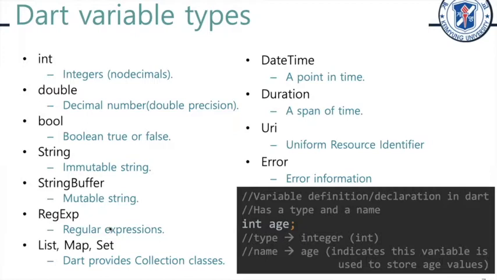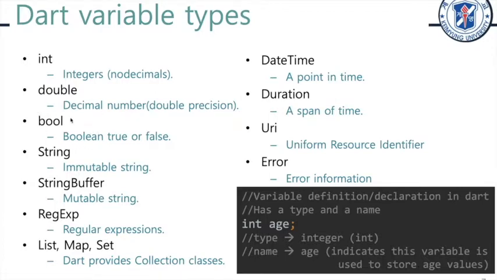These are some of the variable types that we use in Dart. We have the integer variable type, which helps us store non-decimal data, and double allows us to store decimal numbers.